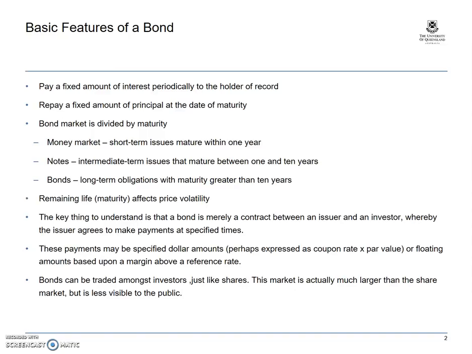These payments may be a specified dollar amount, perhaps expressed as a coupon rate multiplied by the par value, the issue value, or they could be floating rates, so the rate might be based on a margin above a particular reference rate.